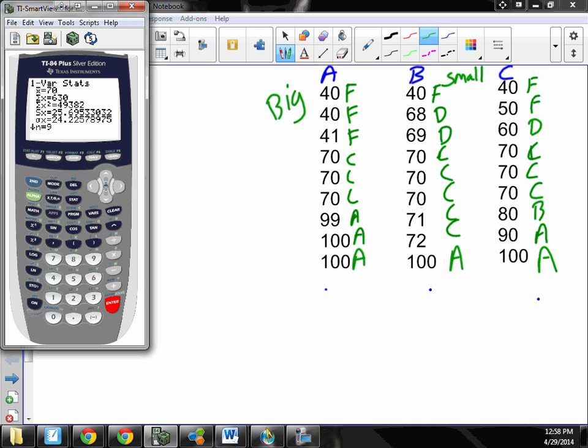So for A, I had a sigma x calculation of 24.22. And here's a side note for those of you who end up taking a statistics class later on. See how there's a capital Sx and a lowercase sigma x, and they're pretty close together? The bottom one is a standard deviation, and the top one is sort of an adjusted standard deviation.